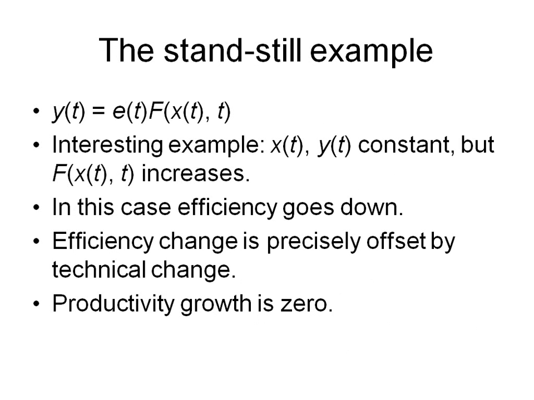Now this is a nice example. It's what I call the standstill example. I'll look at a firm with input X and output Y. It's constant through time, so nothing changes in the firm, but it may very well be that the production function moves out. So f of x at time t increases with time.